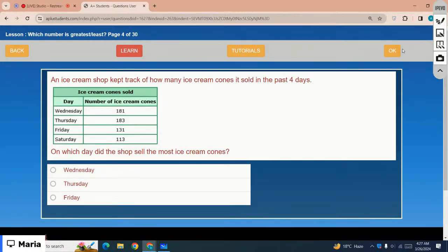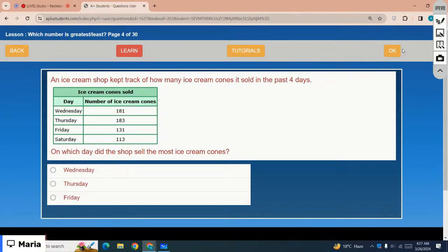An ice cream shop kept track of how many ice cream cones it sold in the past 4 days. On which day did the shop sell the most ice cream cones? Which is the correct option? That means you need to find the greatest number.